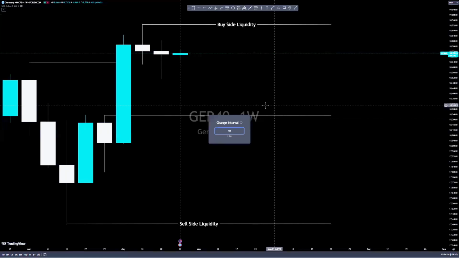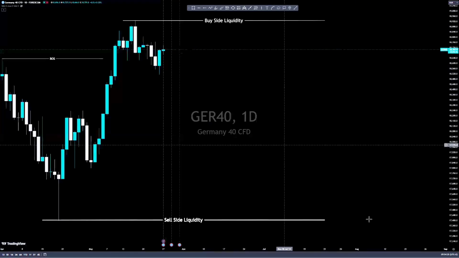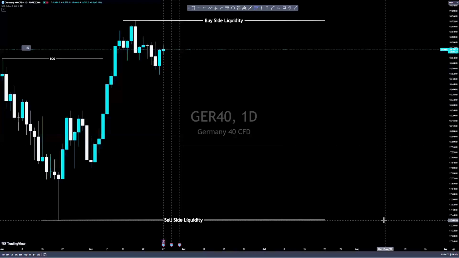Okay, so now on the daily time frame, I'm going to add a new feature here, which is the Fibonacci retracement tool. Because you're looking for buy opportunities, we start marking the Fibonacci tool at the sell side liquidity and on the buy side liquidity.